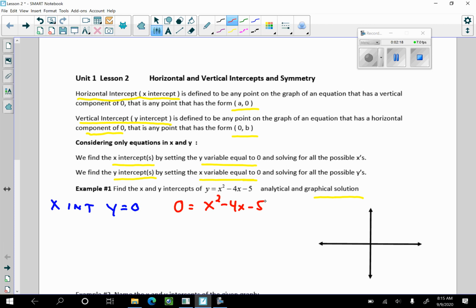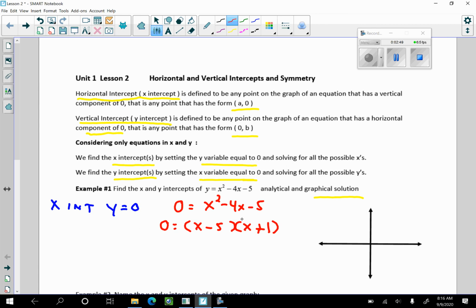That's an easy equation to solve. That's a simple quadratic. We reviewed factoring quadratics in our review section. This guy factors pretty quick. I have two numbers that multiply together to -5 and add up to -4. Those two numbers give me x minus 5 and x plus 1. -5 times +1 is -5. -5 plus 1 is -4.